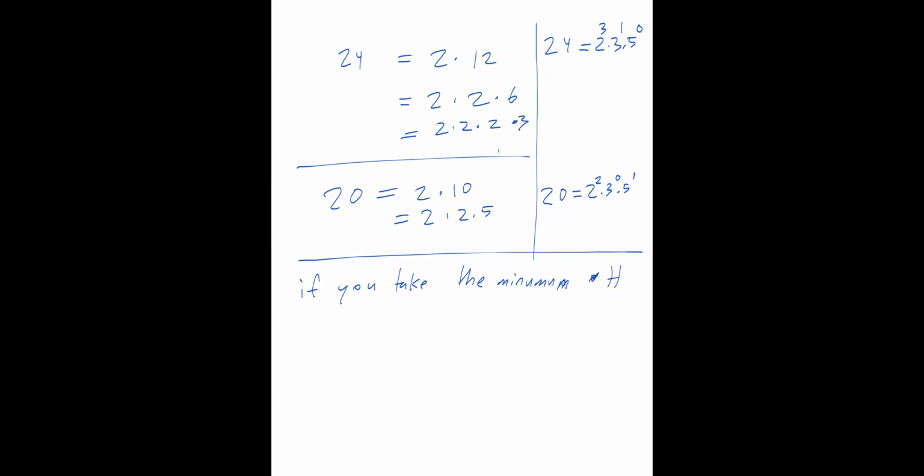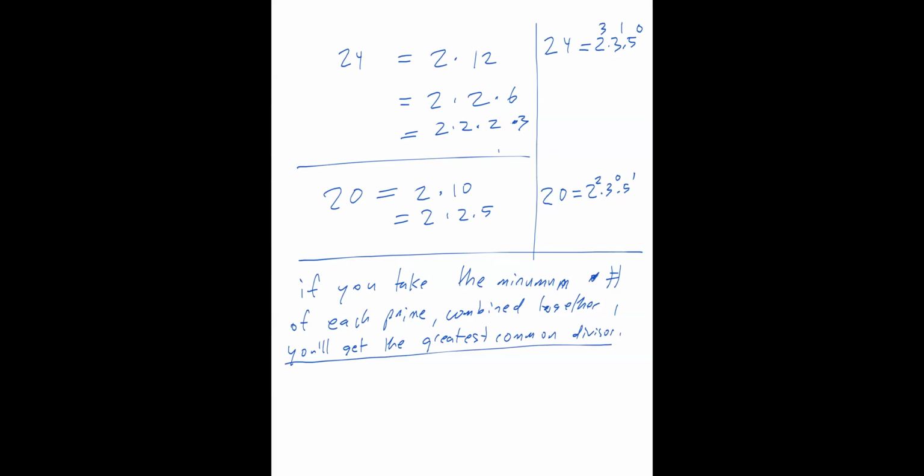The minimum number of each prime combined together, you'll get the greatest common divisor.